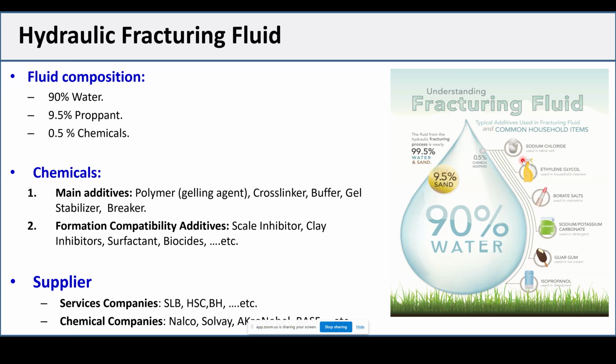Buffer is usually something that either increases the pH or decreases the pH, depending on the type of crosslinker that we have. The majority of crosslinkers usually work at a higher pH, above pH 10, usually between 10 and 11. That's the optimum. But sometimes we go a little lower, around 9, and sometimes we target a little higher, maybe up to 12.